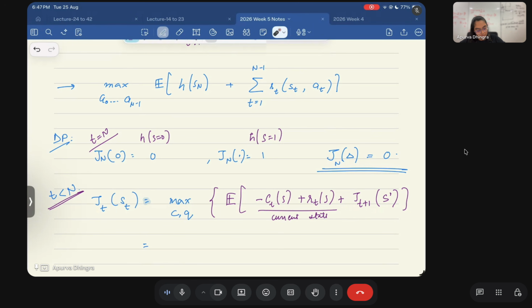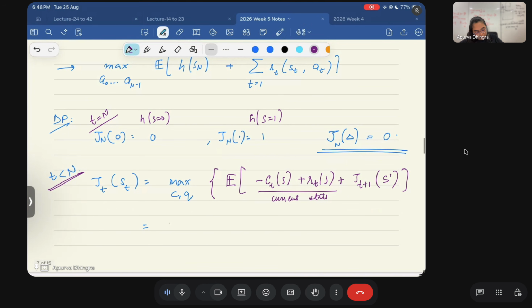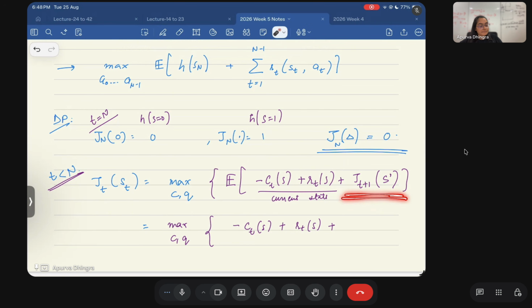So the following can be written as, okay, right now I'm still writing it as the expectation is only over this part. And notice the expectation here basically means we're looking at the transition probabilities.